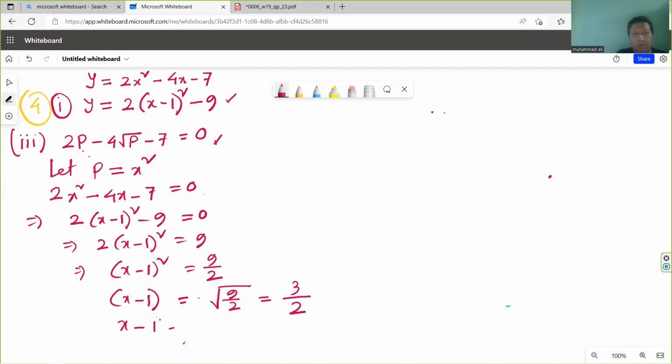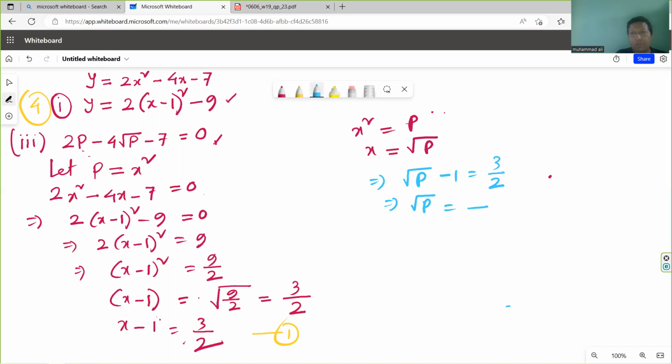So x − 1 equals 3/√2, and as here x is √p, if we put √p in place of x, what will we get? √p − 1 equals 3/√2. So √p equals 1 + 3/√2.